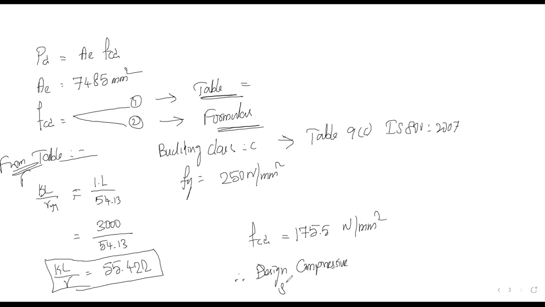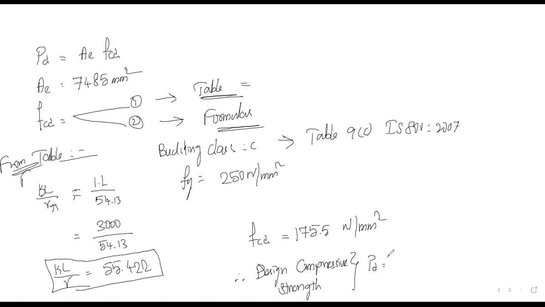Design compressive strength of the member. PD is equal to AE into FCD, that is 7485 into 175.5.